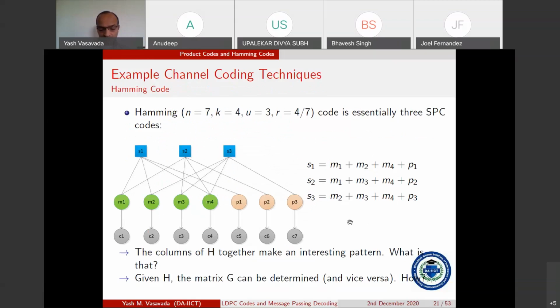What is maybe not very obvious at first sight, but if you think about it, it will become clear to you, is that if I am sitting at this circle node instead of square node, then from the perspective of circle nodes, these bits S1, S2, S3 are repetition codes.